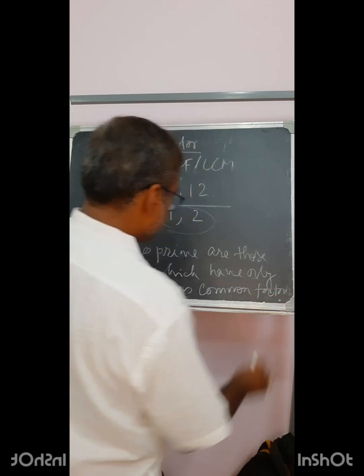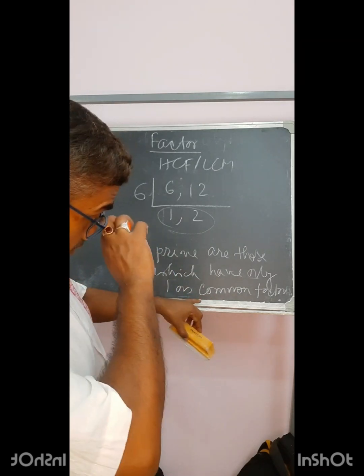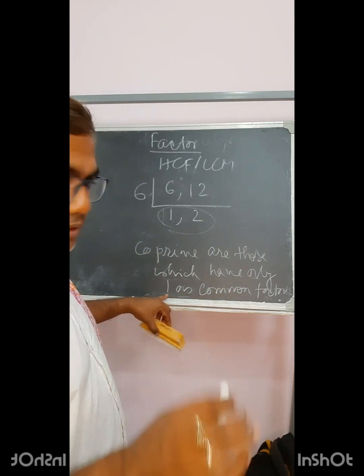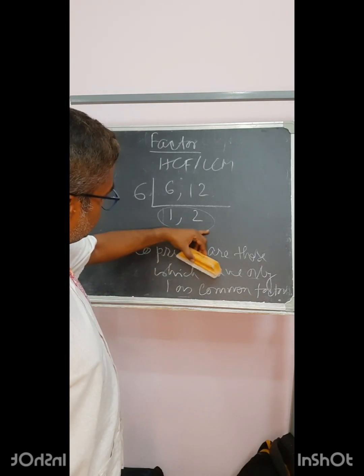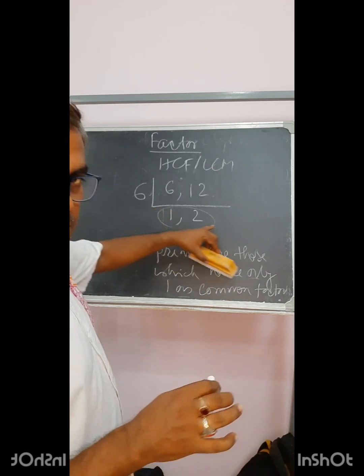Simply in this language I can say co-prime are those which have only one as common factor, means the only common factor is one. So till I get any such combination, I will go on dividing those numbers.